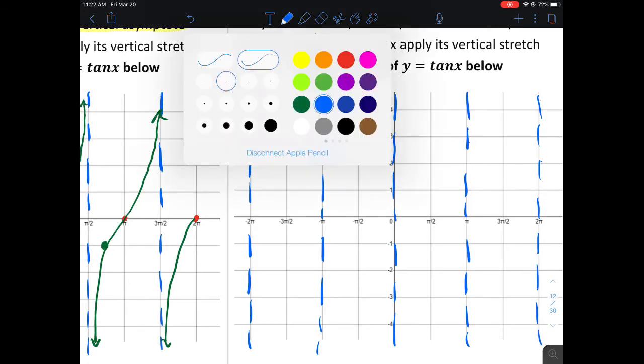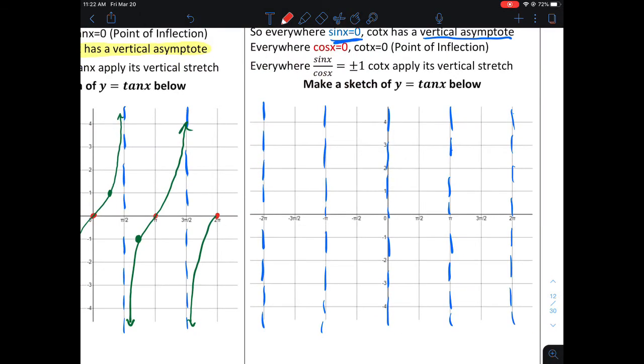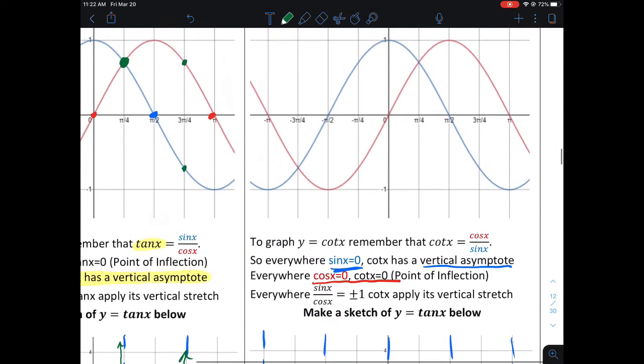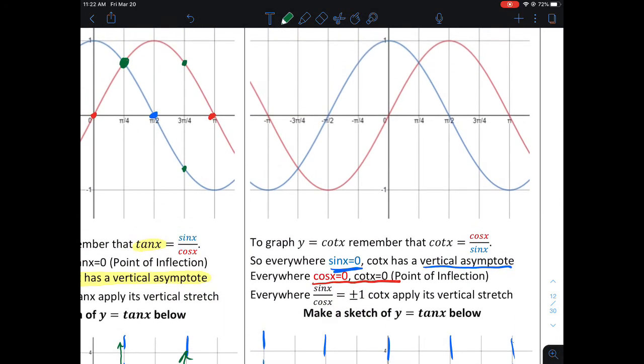And cotangent is going to equal 0 everywhere that cosine equals 0. So cosine equals 0 on all the half pi's. And now I start looking to try to get some points. So I'm going to come back up here to the graphs and say, okay, well, let's try to make points for what's going on.